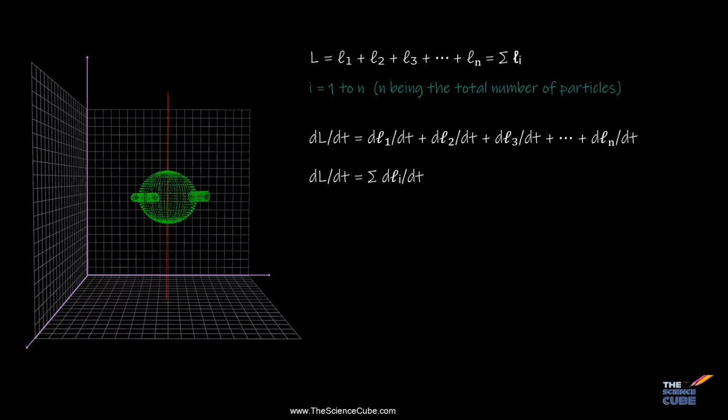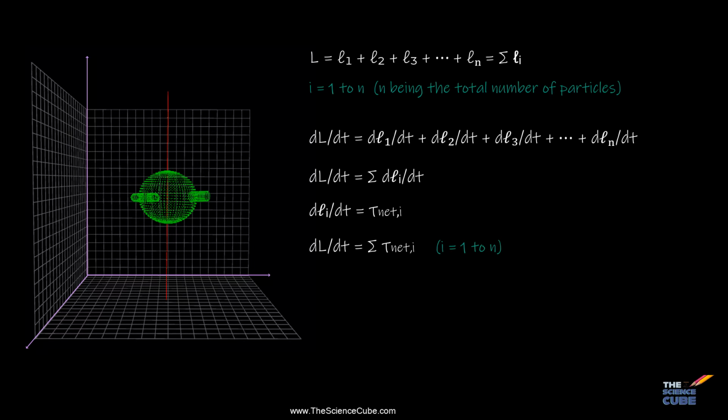But then we also know that dL_i upon dt is by definition the net torque on the ith particle, and therefore this equation can be rewritten as dL upon dt is equal to sigma tau net i as i changes from 1 to n. That is, the rate of change of the system's angular momentum is equal to the vector sum of the net torque acting on each particle.